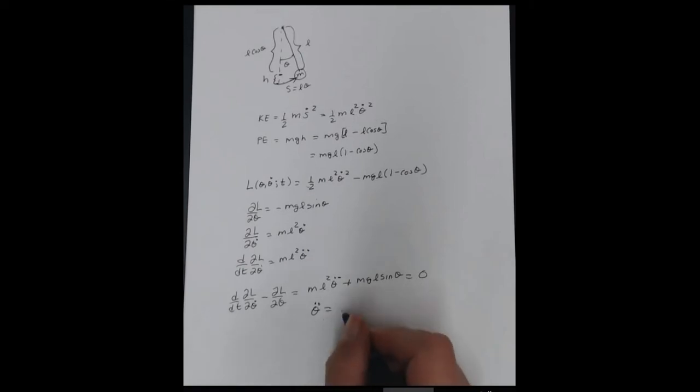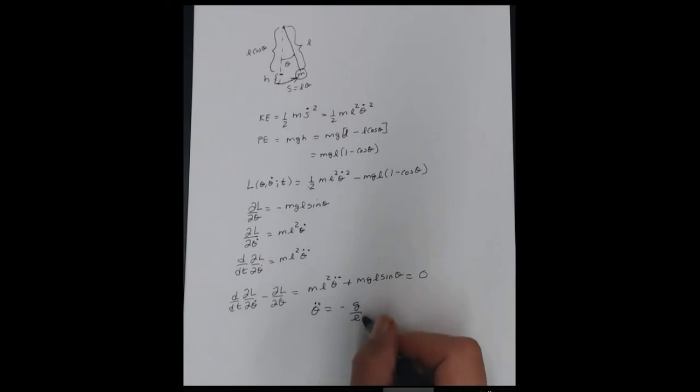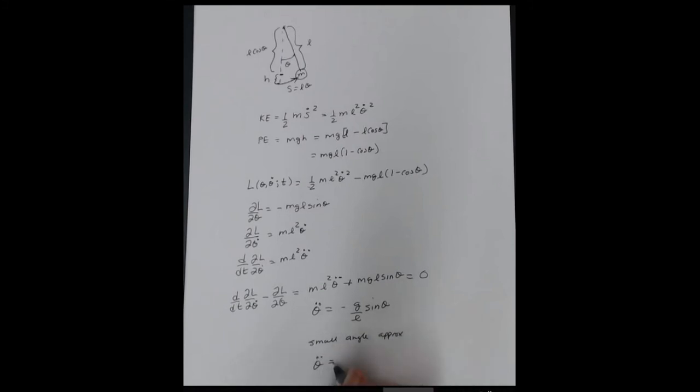Solve for theta double dot, I get negative g over L sine theta. And of course, if we do the small angle approximation, we would get theta double dot is negative g over L theta, where sine theta is approximately theta. There we go.